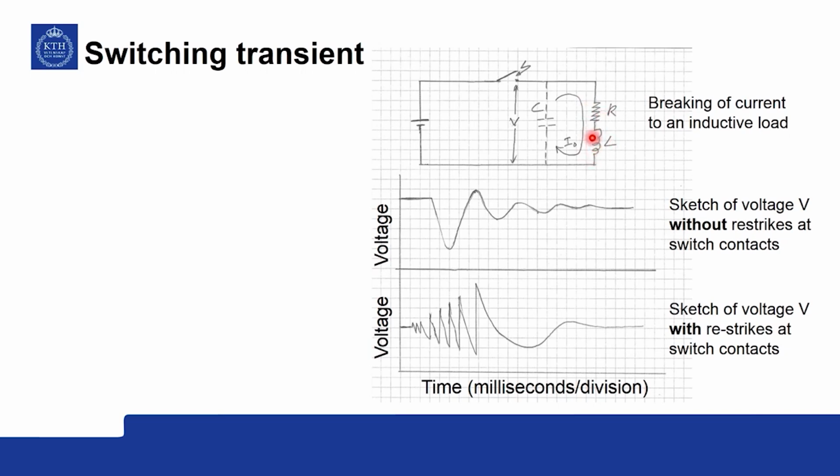Inductance is a storing element. It can store electromagnetic energy, and you can have parasitic capacitance here, because if you have two metal pieces across the switch contacts, you can have a capacitance across it. It may be in picofarads, but still there is a capacitance.